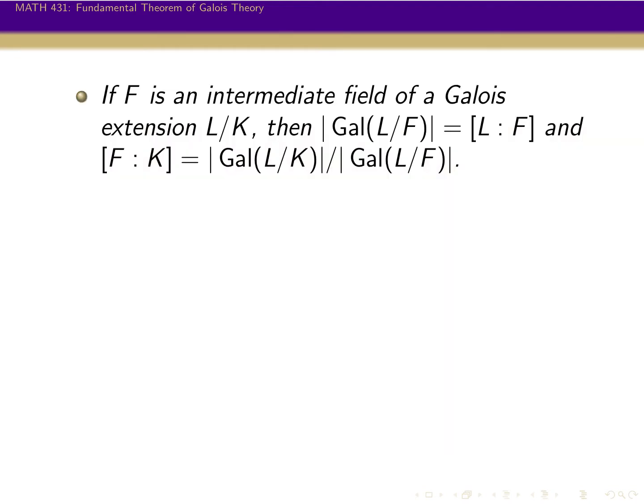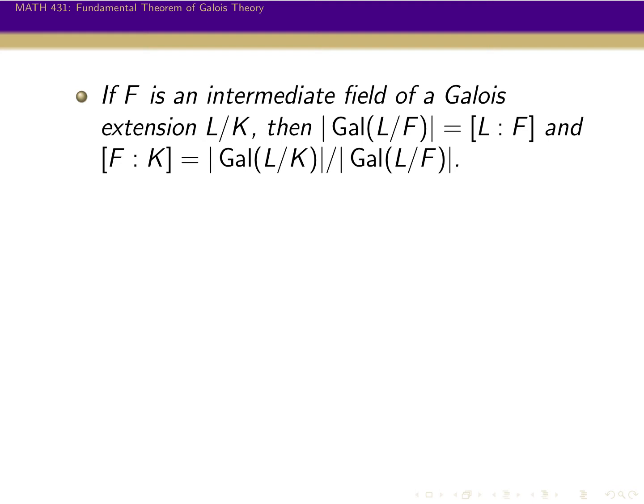Okay, so we're going to go through this and prove it bit by bit. We've done a lot of the heavy lifting already. Now it's just piecing things together. So we've already proven the first bullet that we did, saying that an extension is Galois if and only if it is normal.